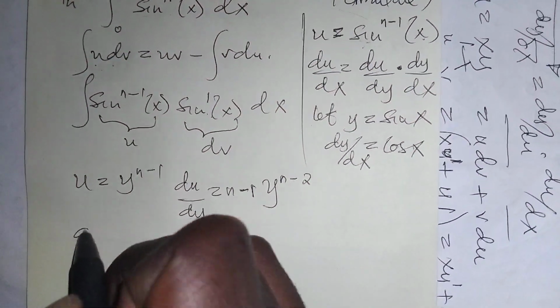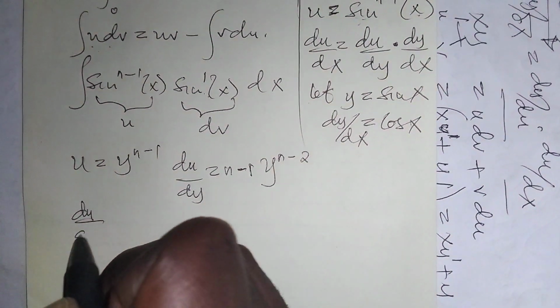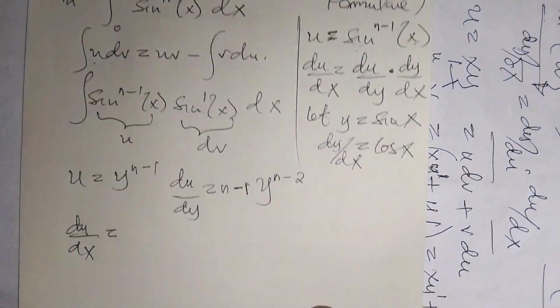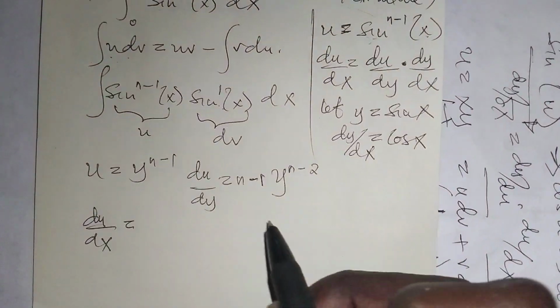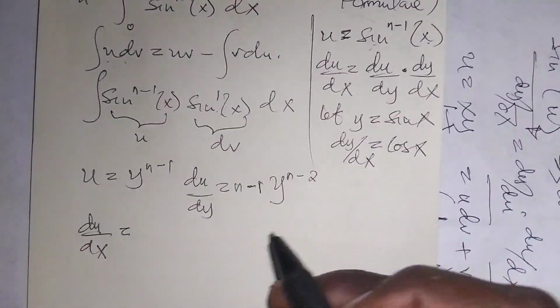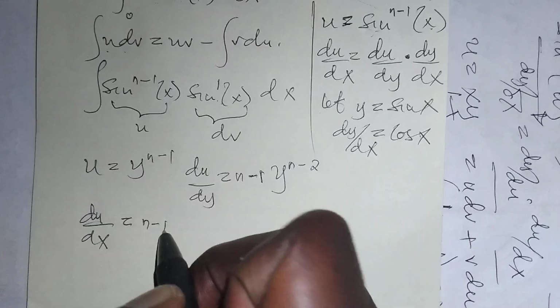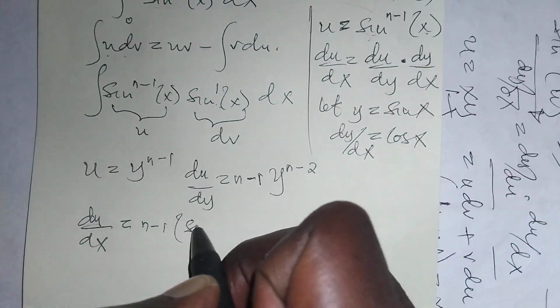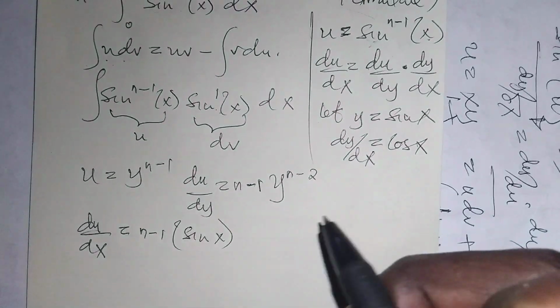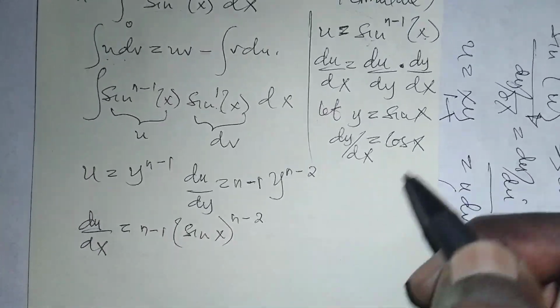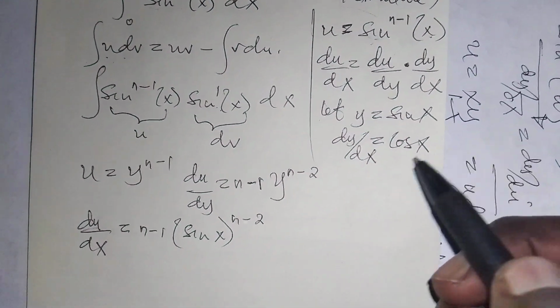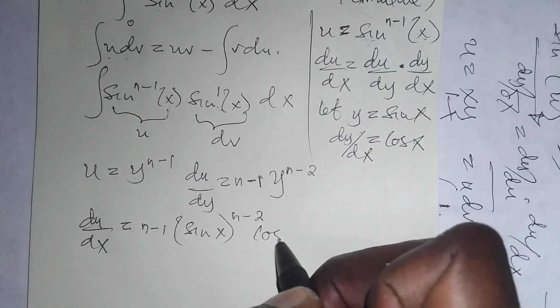So now du dx will be du dy, which is n minus 1, then y is sine x raised to n minus 2, then dy dx is cos x.